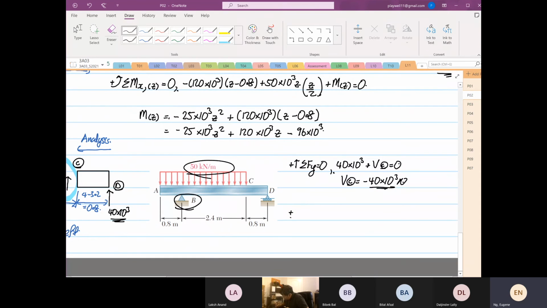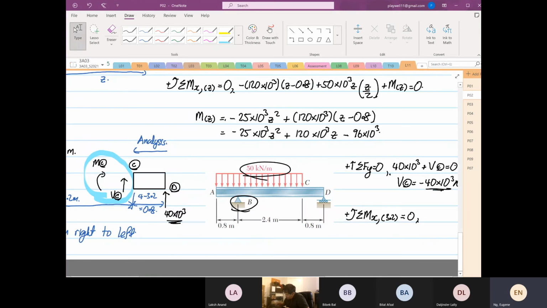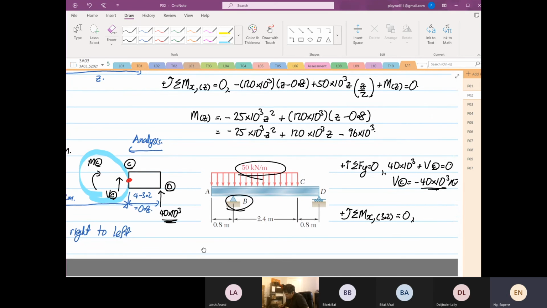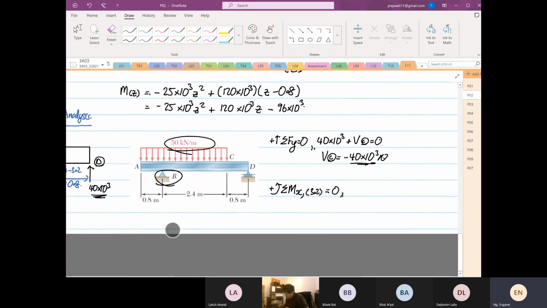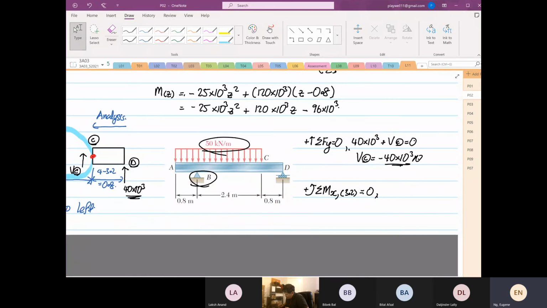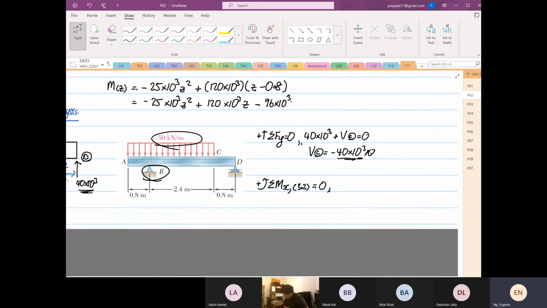Then you take moment now. We take summation of moment on the x-axis at a distance of 3.2, which is equal to 0. You are taking the moment down here. So it's equal to 40 times 10 to the power 3 multiplied by 0.8, which is positive.